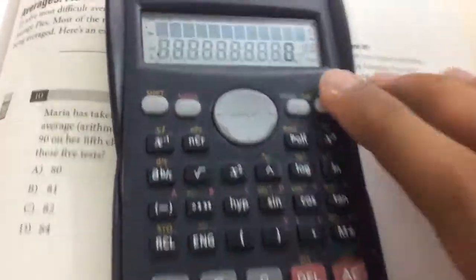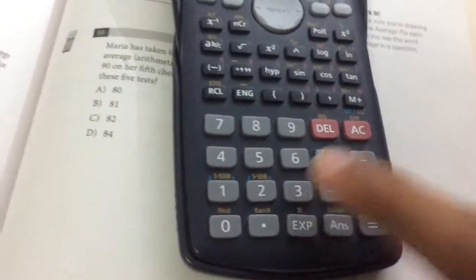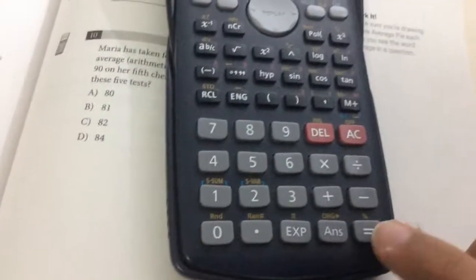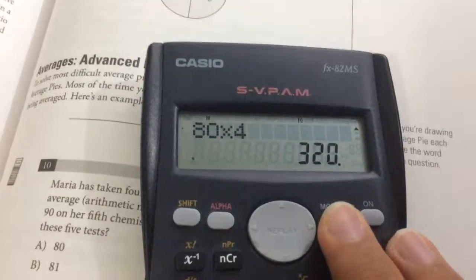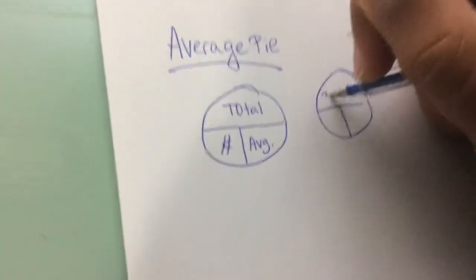So we can use our calculator and say, okay, 80 times 4, because she has taken 4 chemistry tests. Here we have a result of 320. We put it here in the total. 320.